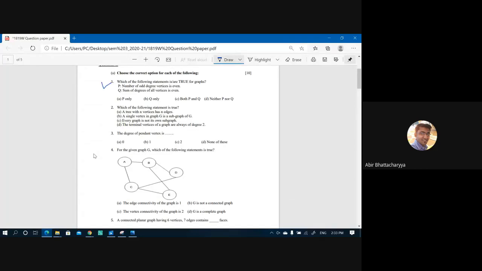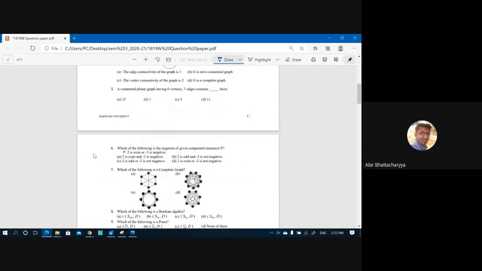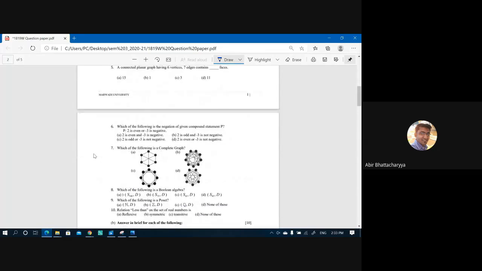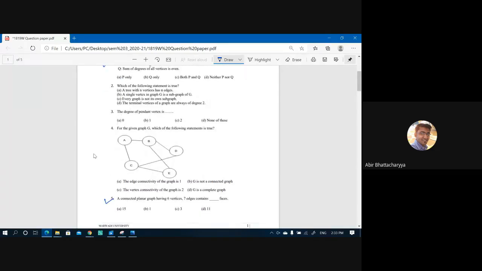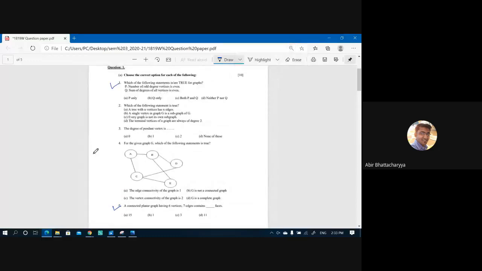Question number 1, 5, 6. So first solve 1 and 5, and then 6. All of you solve 1 and 5 and write down the answer on the chat box.